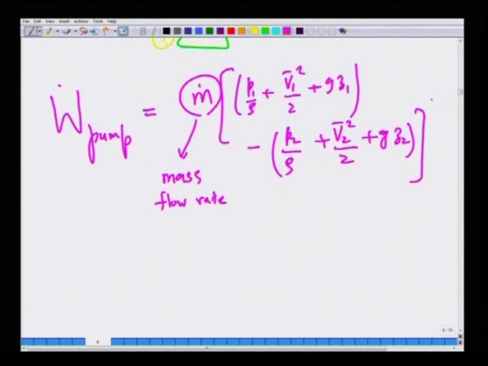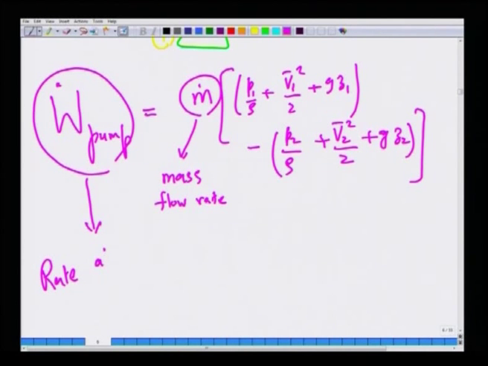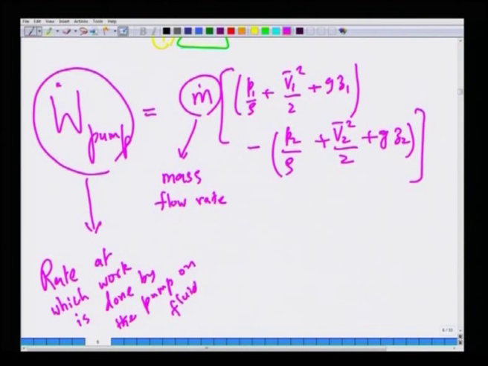And this is the rate at which work is done by the pump on the fluid.